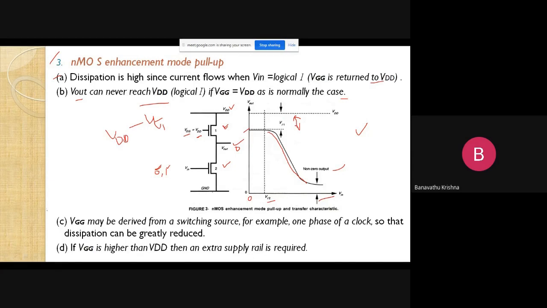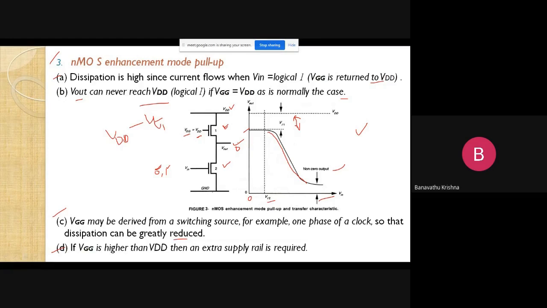Next case, point C: VGG may be derived from a switching source, for example one phase of a clock, so that the dissipation can be greatly reduced. If VGG is greater than VDD, then we are expecting an extra supply. Then an extra supply is really required. Suppose we need to get the output response as VDD at the output side.